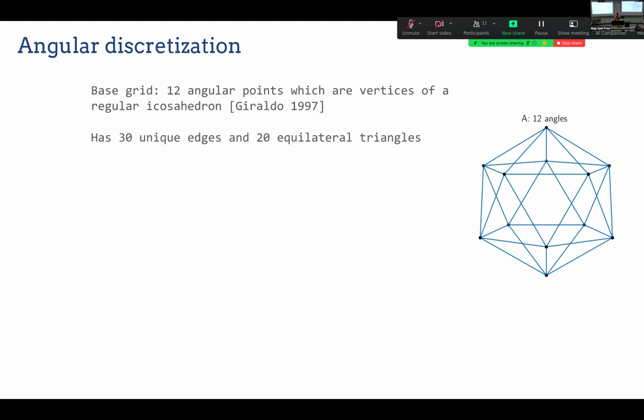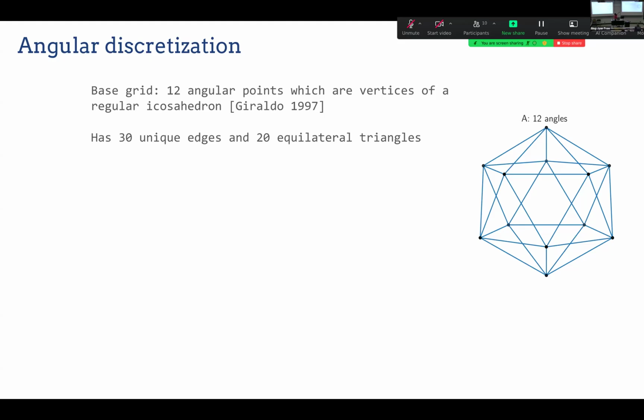We like Cartesian coordinates, and we'd like to avoid singularities at the poles. Also, the elements of a geodesic grid are roughly equilateral. In fact, when you have the base grid, which is just a regular icosahedron, they are exactly equilateral. But when you do refinement, they are almost of similar areas.